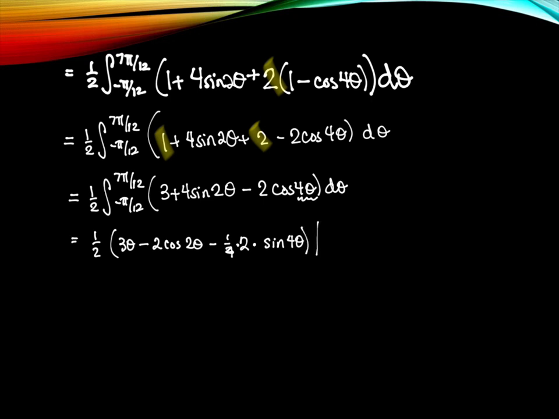Either way, we're going to be evaluating this then at 7 pi over 12 and negative pi over 12. It's kind of messy. So I have a 1/2 in front. I have 3 times 7 pi over 12, so that's 21, or, well, actually, it's 7 pi over 4. Minus 2 cosine, and then it would be 7 pi over 6.